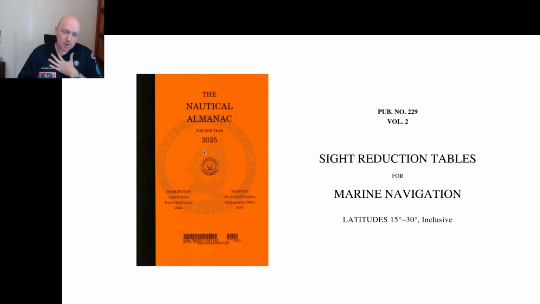And that's helpful, but then that doesn't quite get you there. So you need some way of figuring out, if you see a star in the sky, what its geographic position is, but then you need to figure out how that tells you where you are. And that's what this second book does, these sight reduction tables. They help you figure out that answer. And you can see they're pretty long, and for example, this one is only for certain latitudes.